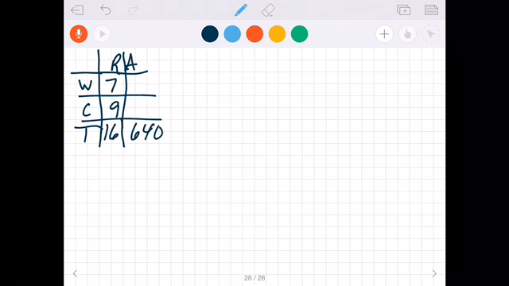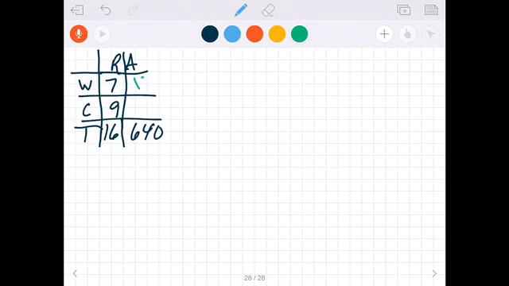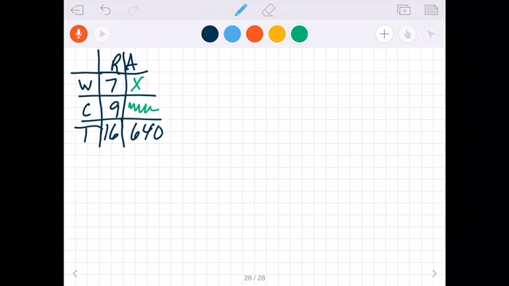So the question is, how many should be planted with wheat? So this is the one we care about. This one is not needed, but we could figure it out if we wanted to. All right, so let's write our proportion. 7 over 16 equals x over 640. We're just basically pulling these out and bringing them over.